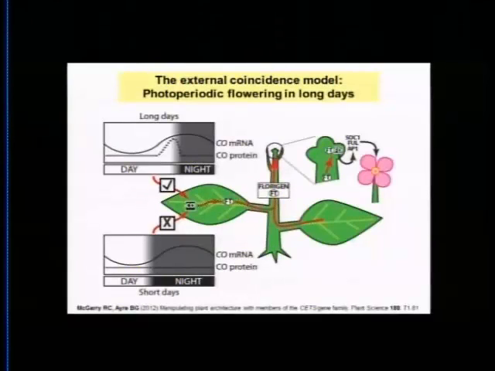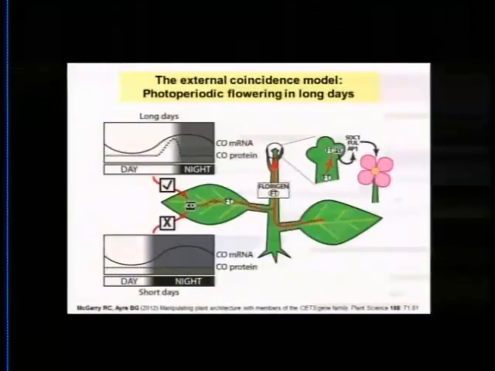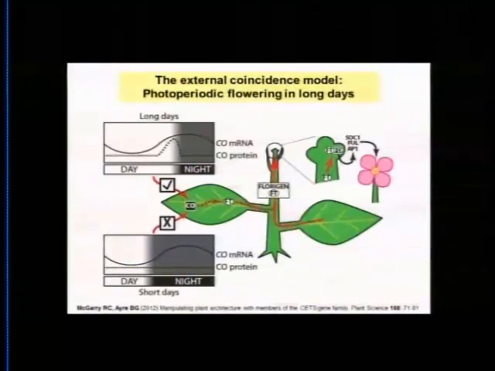But under short day conditions, the transcript continues to follow its circadian rhythm, but now when the transcript starts to go up in expression, the constans protein is translated, but it's immediately degraded because there's nothing there to stabilize it. So the level of protein is never allowed to accumulate, and therefore it can never act as a transcription factor.